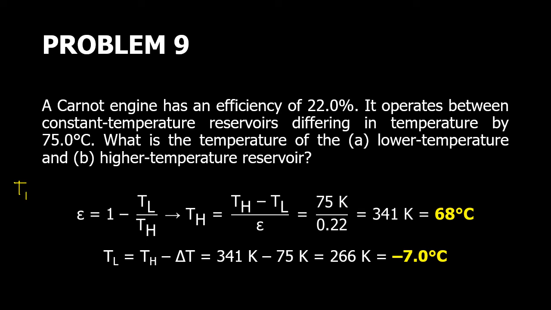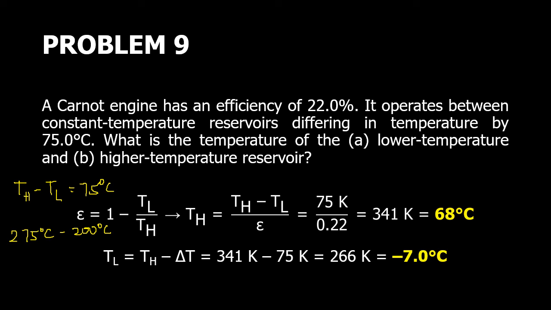So our TH minus TL is equal to 75 degrees Celsius. It happens here that it is the same in Kelvin, because you can also convert the change in temperature. Let's say we have a high temperature of 275 degrees Celsius and the low temperature is 200 degrees Celsius.